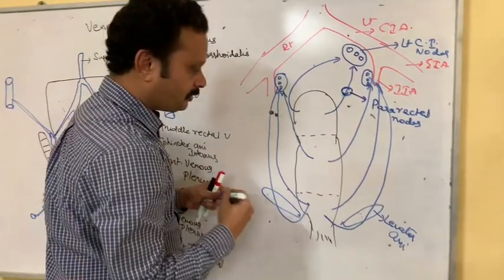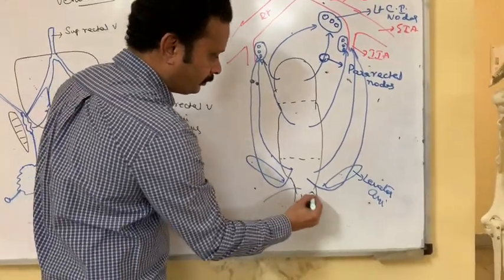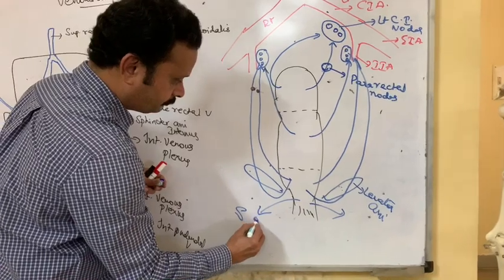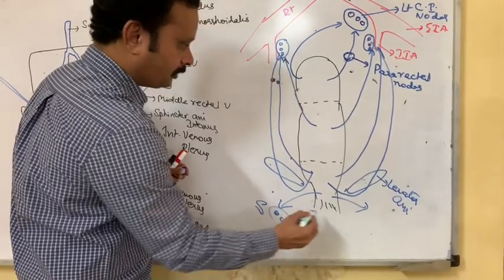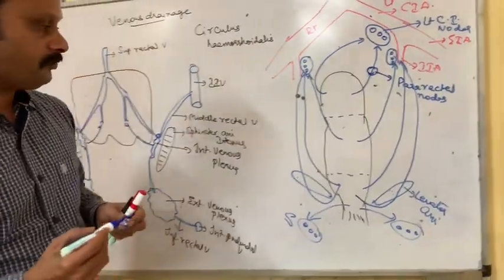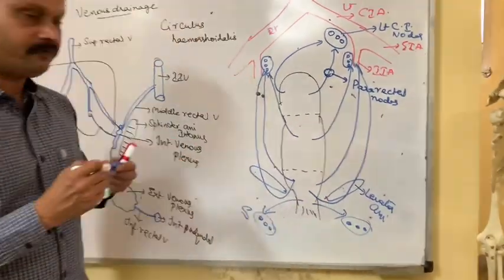And the region around the anal canal drains into the superficial inguinal lymph nodes.